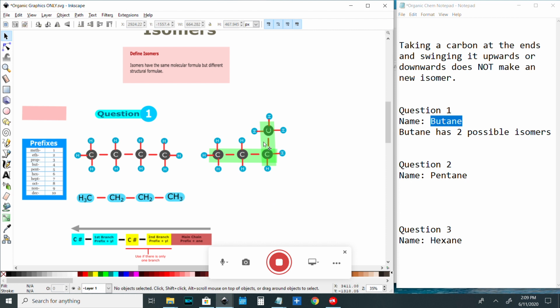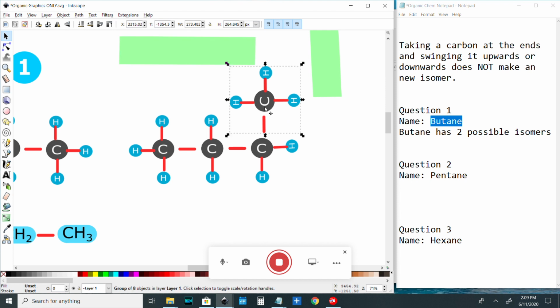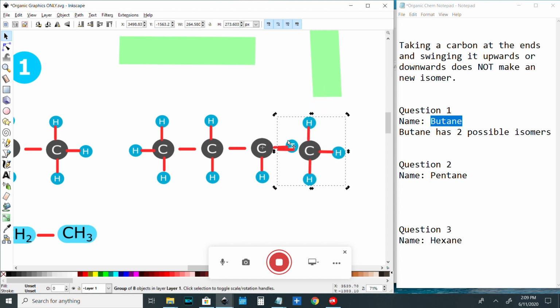The moral of the story is this: whenever you're trying to make an isomer, never take one of the C's on the end and rotate it upwards or downwards.